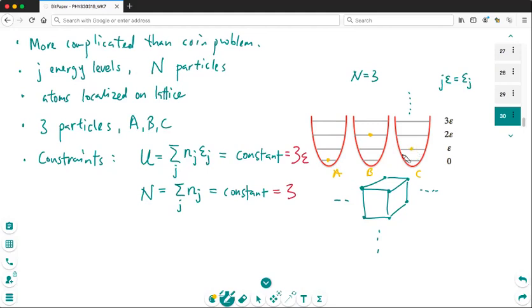This is another microstate. Keep doing this, and hopefully you get some feeling about what the most probable macrostate is. That is to say, how do you get the situation with the maximum number of different arrangements, different configurations, or different microstates. On Monday, we will pick up from here.